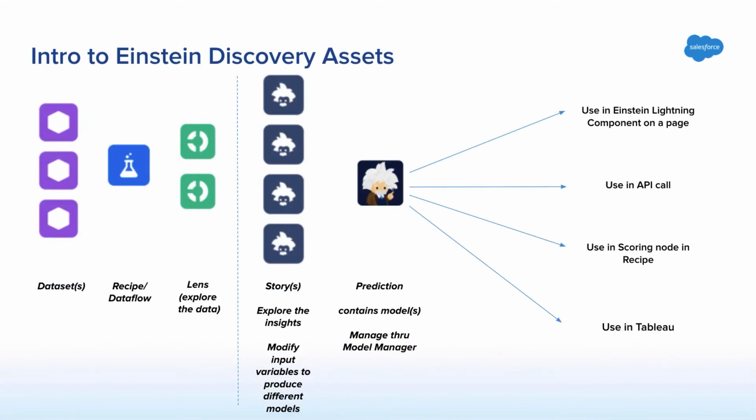And switching to the assets. So these are some of the terms. First the assets. You need to understand from the whole Tableau CRM, where we have data sets and data flows and preps and recipes and lenses and apps. When you talk about Einstein Discovery, you're still dealing with data sets.